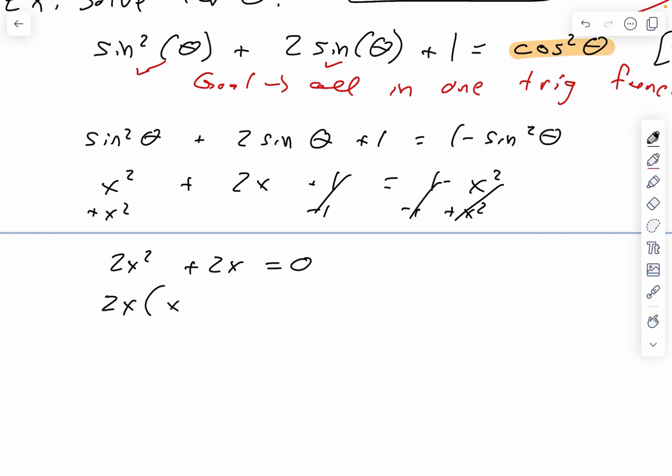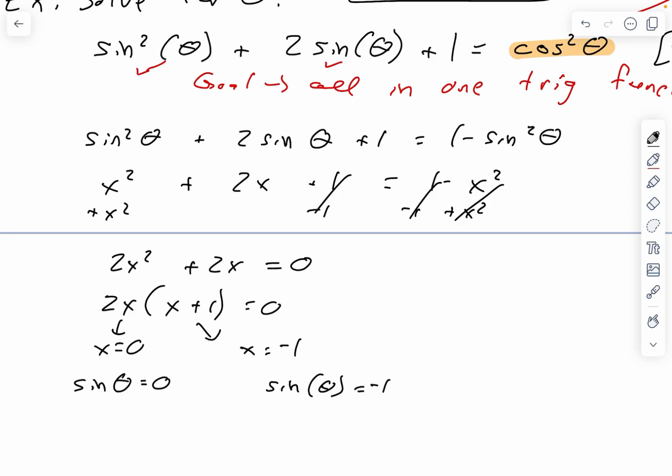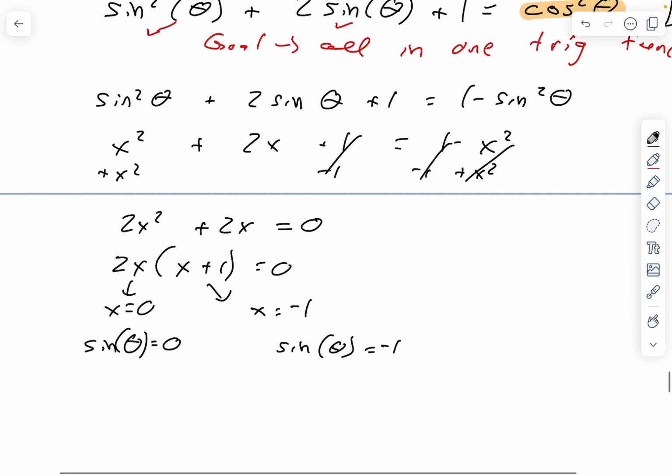Take out a 2x, I have x plus 1. This left-hand side is equal to 0, and this right-hand side is equal to -1 by factoring. Put my sines back in. Sine of theta is 0. Sine of theta is -1. This is saying, what is the angle for sine that gives me 0? So that was just like my inverse sine of 0, but we use the phrasing arc sine.